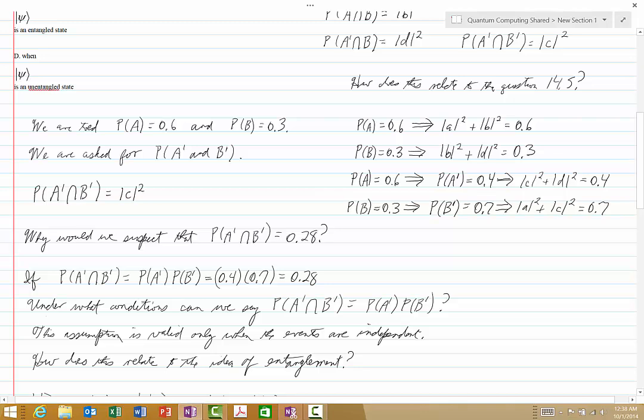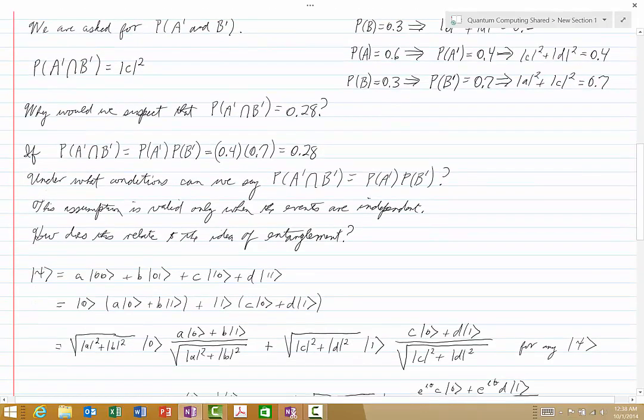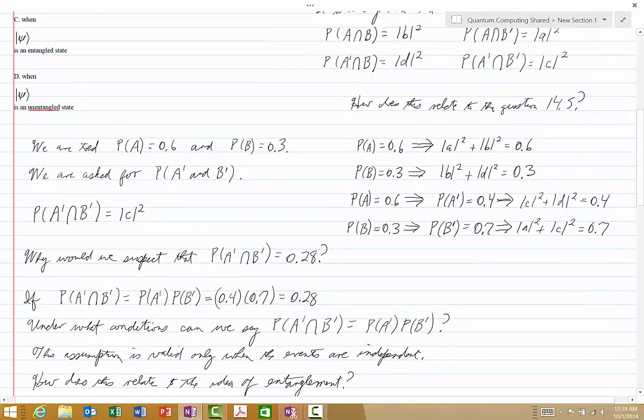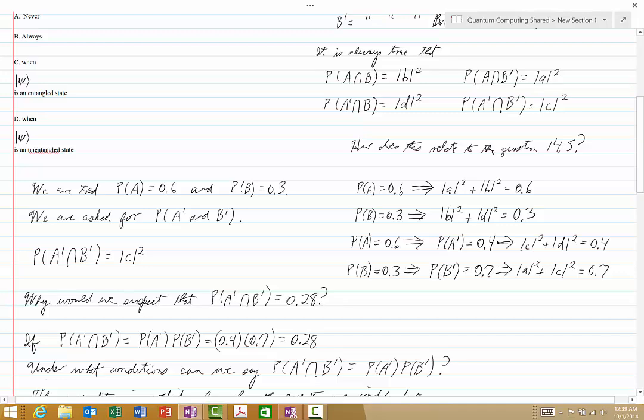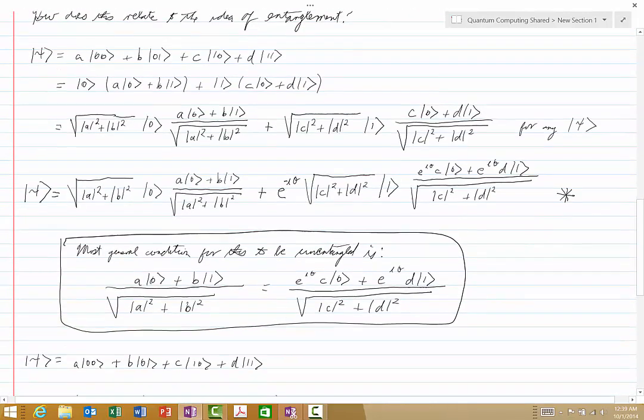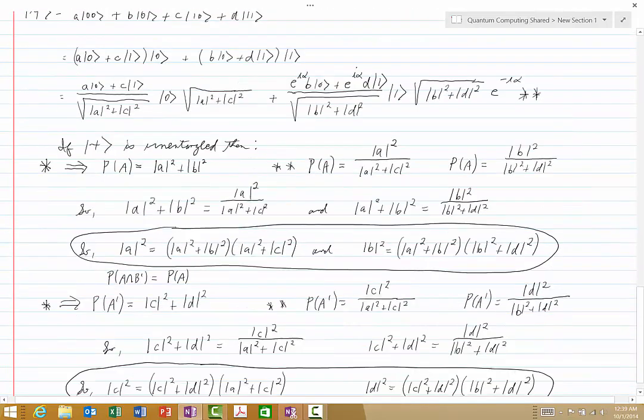That's P of B prime. So we substitute that in right here. So we have found, simply from the assumption that C prime is unentangled, P of A and B prime equals P of A, P of B prime.